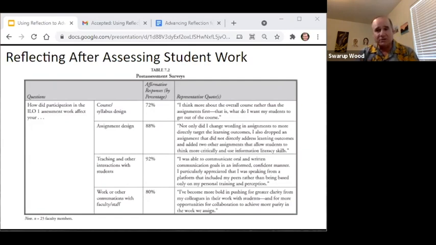And also, I'll just say, I know a lot of us and a lot of campuses associate assessment with challenge, with resentment, with added burden. And I just want to say, when you look at these quotations, that is not what these faculty are feeling.